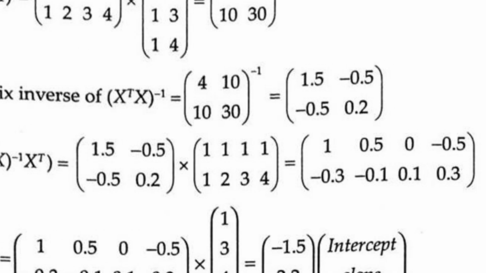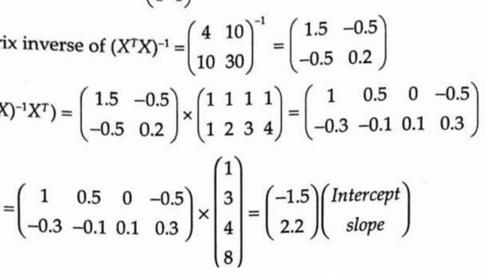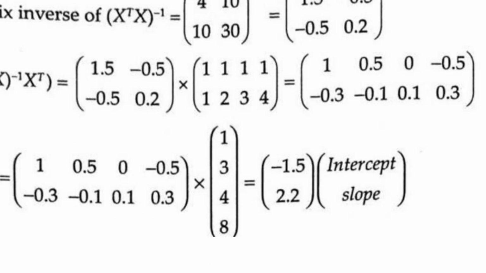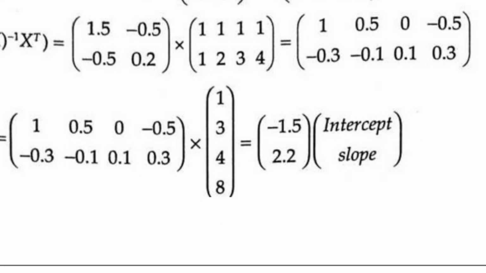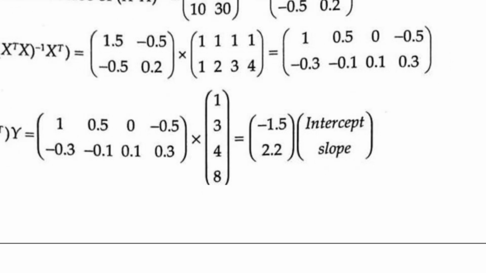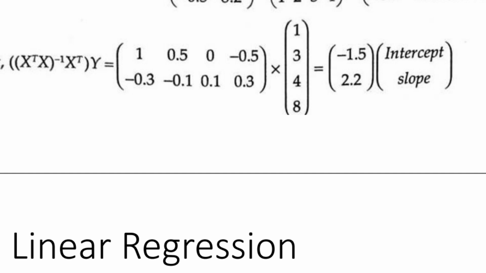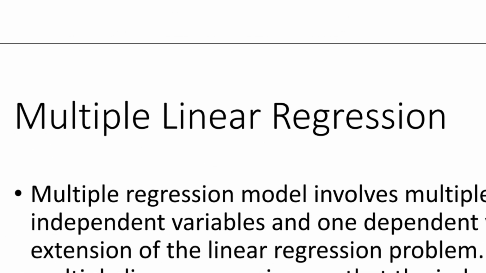You will get a matrix that you have to multiply with y. This resultant matrix is 2 cross 4 and y is 4 cross 1. So we will get a 2 cross 1 matrix. The first is intercept and the second is slope. First is minus 1.5, that is a0, and 2.2 is the slope. So everything will be in the form of matrix.